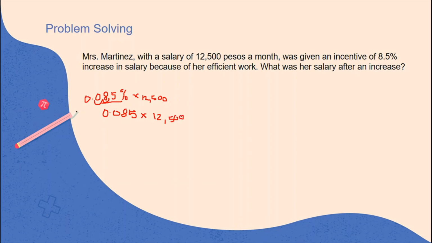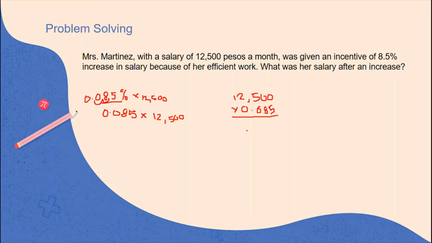Okay, now let us multiply 12,500 with 0.085.